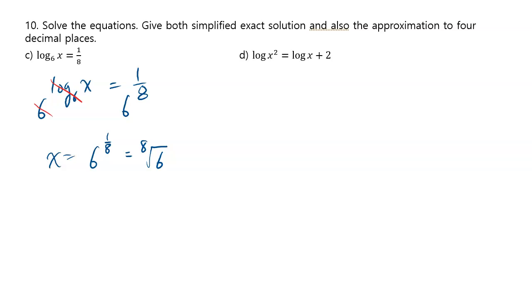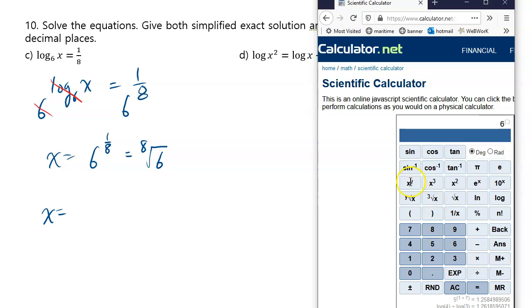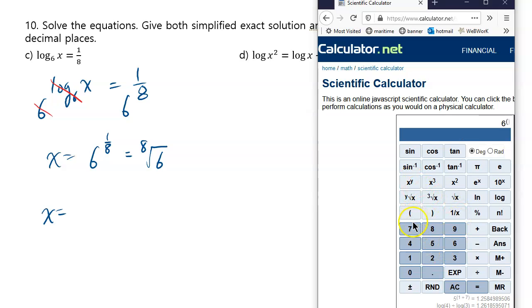Either one will be given full credit. Now, again, to find the approximate value, I would be using the calculator and say 6 to the power, parenthesis, 1 divided by 8, equals 1.251.